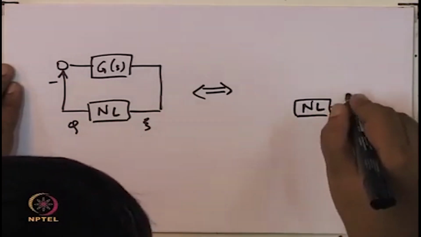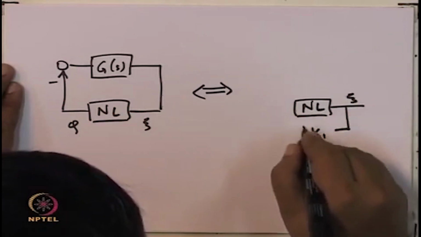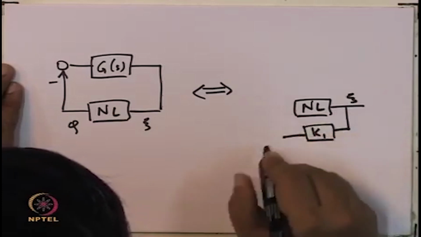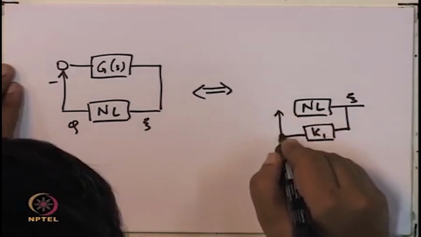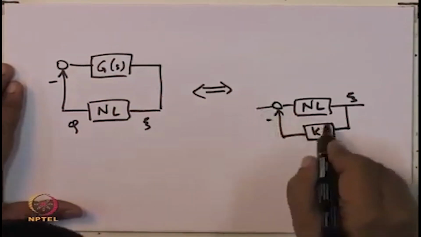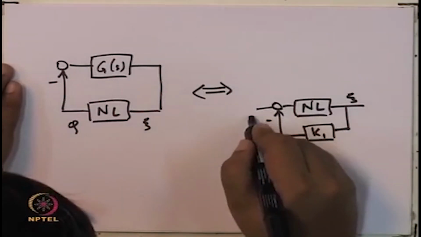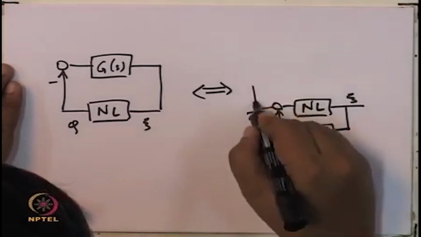You keep the input to the nonlinearity exactly the same, but for the output what you do is you put a k 1 here. So, you fed forward this k 1 psi, and so now you have this new input phi tilde.